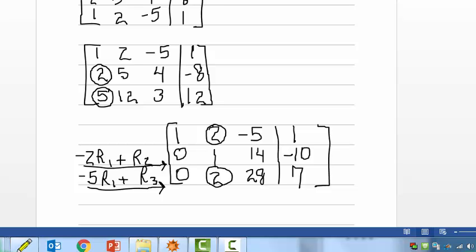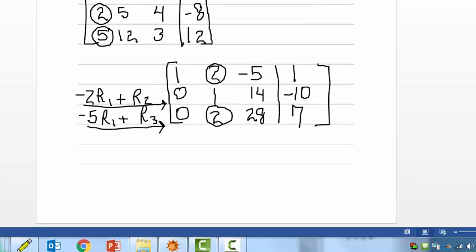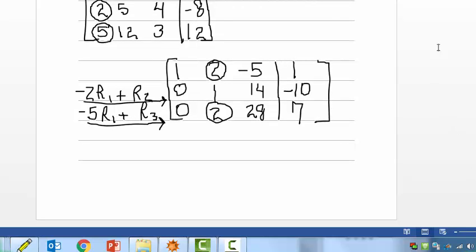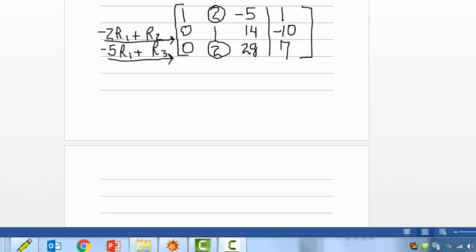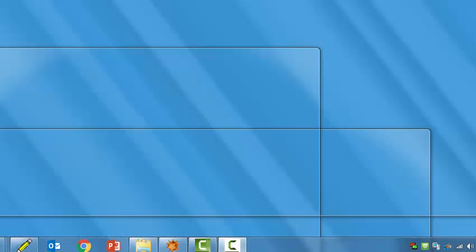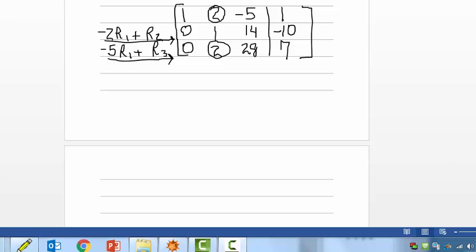When I'm in a column, I never change the row that has the same value as the column whose zeros I'm trying to obtain.